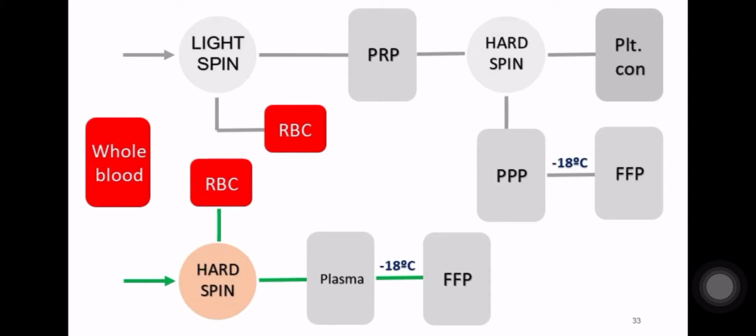From the same spun component, platelet-poor plasma is separated and when subjected to -18 degrees Celsius, forms fresh frozen plasma. Or a shorter way of producing FFP is by subjecting whole blood to hard spin, separating RBCs from plasma, and freezing the plasma to -18 degrees Celsius will produce FFP.